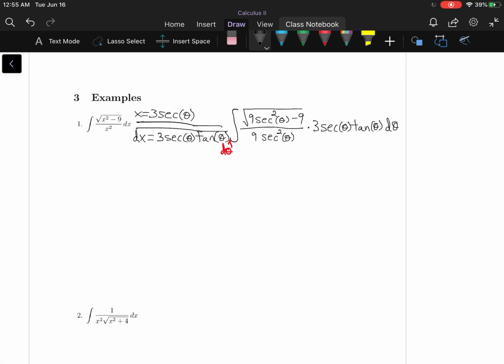And from this point, now I want to start simplifying. And so I see that the square root term, I'm going to factor out that 9 and pull it out of the square root. So I'm going to have 3 times the square root of secant squared theta minus 1.